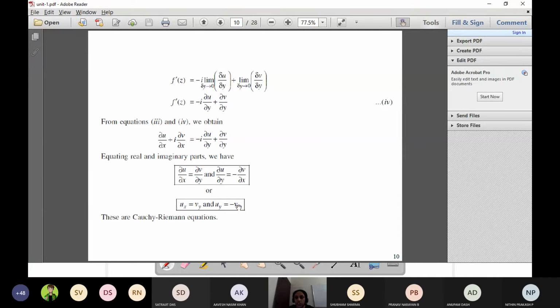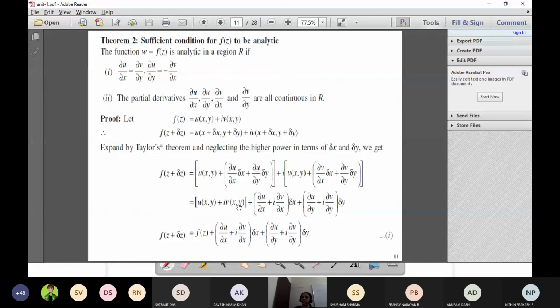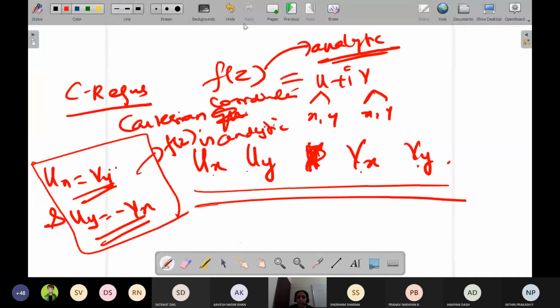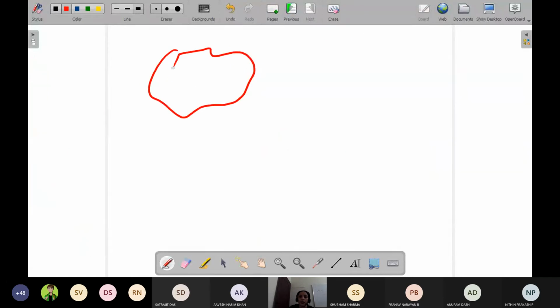There is a sufficient condition also. What does the sufficient condition say? The sufficient condition for a function f of z to be analytic is ux equal to vy and uy equal to minus vx, and the four partial derivatives should all be continuous in that region. For continuity, the limit value has to exist.